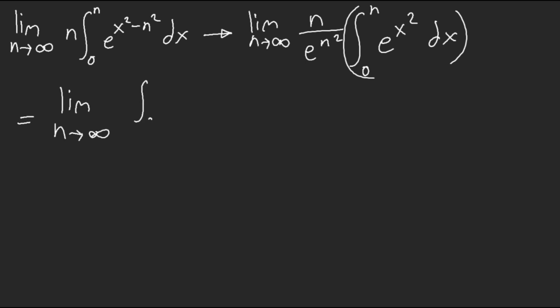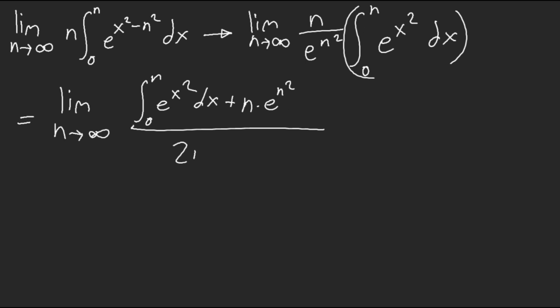So we have the integral from 0 to n of e to the x squared dx, plus n times e to the n squared. And then this is 2n e to the n squared. So be very careful with that. n times an integral, this is product rule.